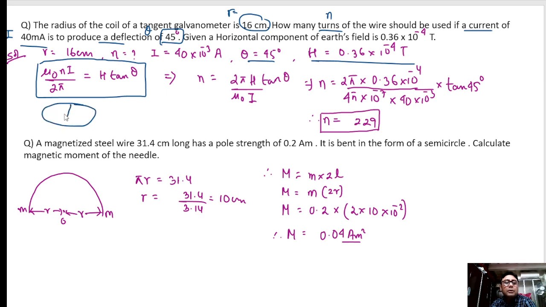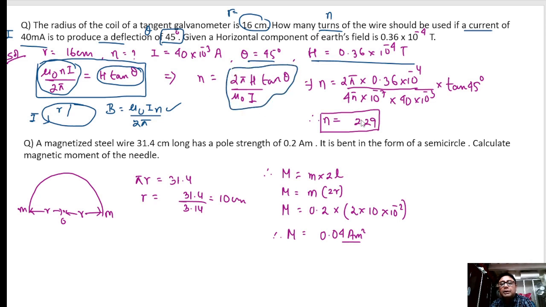For a circular wire of radius r carrying current I, the magnetic field at the center will be μ0 I by 2r, and for n turns it will be n times that. We have already done that. So this is that formula, and that is equal to the perpendicular magnetic field, which is H tan theta. So from here, putting in all the data we know, we get n equal to 229 turns.